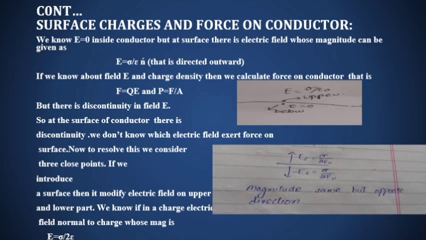But there is a problem here. The electric field is discontinuous at the surface charge, so we are supposed to use the electric field above and the electric field below. They have the same magnitude but opposite directions.